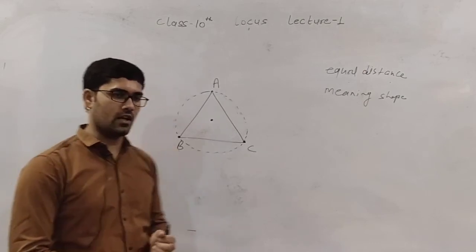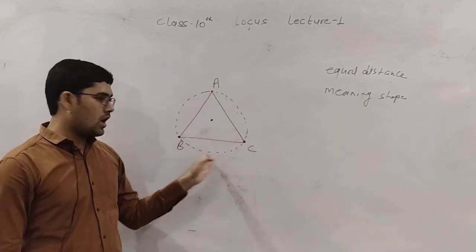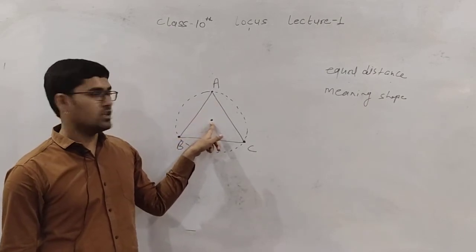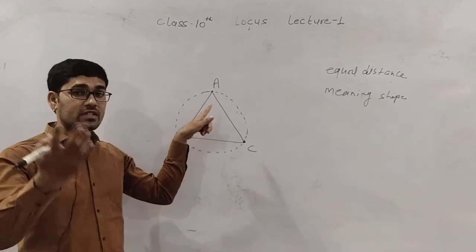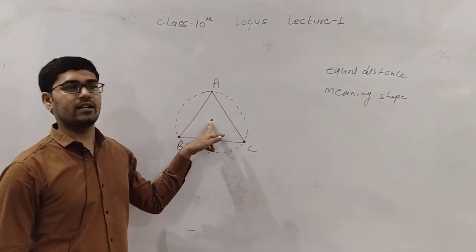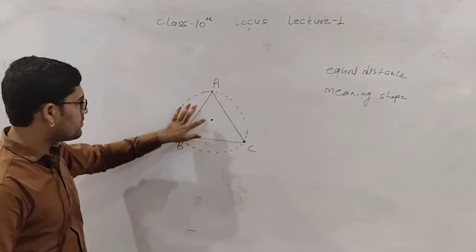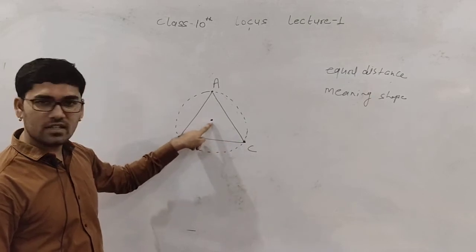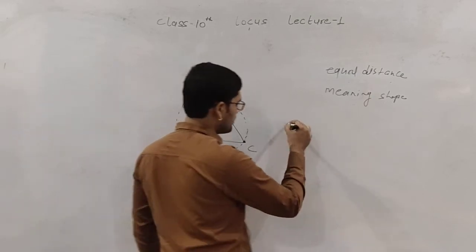Understand this for a while now. The circle is drawn outside with the help of this particular point. So this is the circumcircle, because outside circle is not a word, circumcircle is the word. This is known as the circumcenter. So what is the locus of the 3 points ABC? This is the circumcenter.